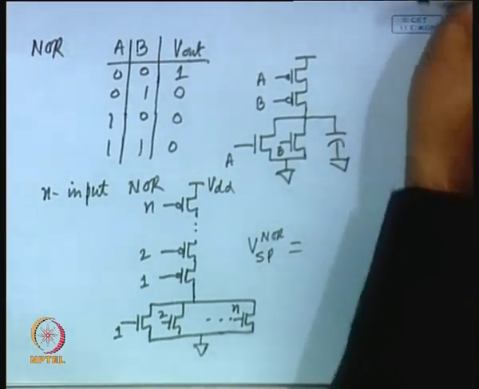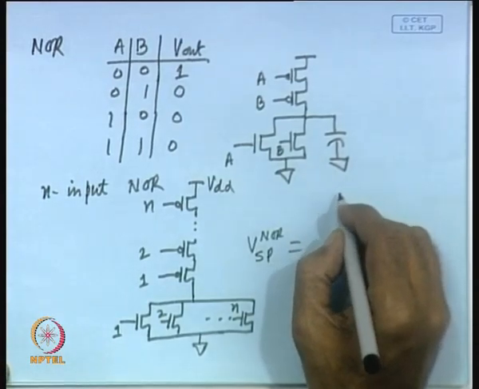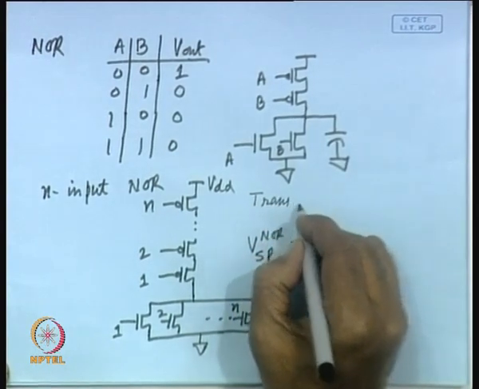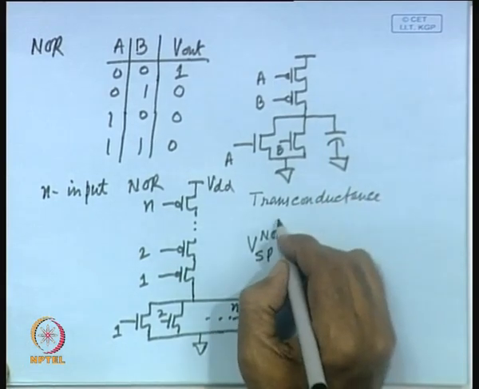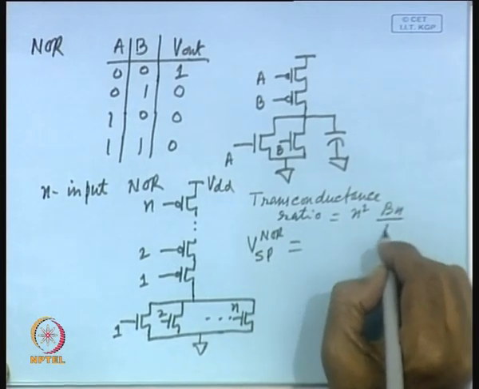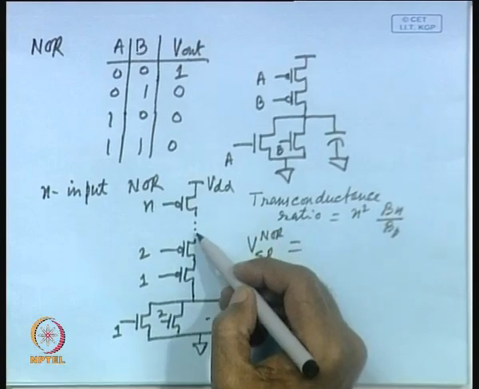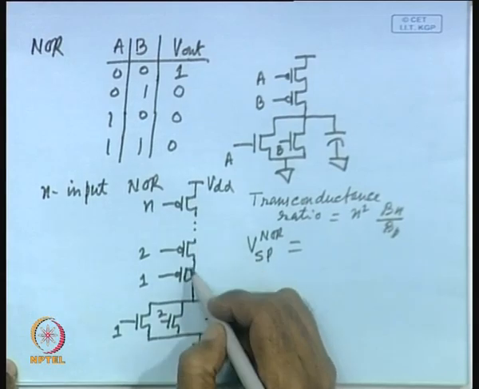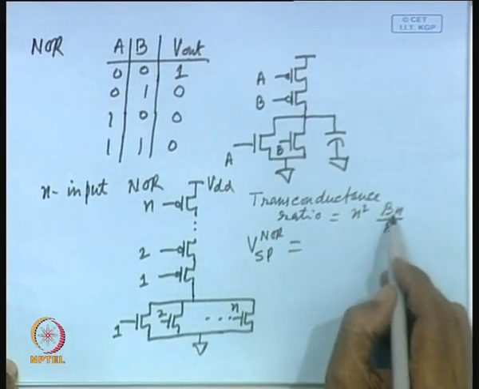In this particular case, we find that the transconductance ratio beta n by beta p is equal to n square beta n by beta p, because in this particular case, as if n PMOS transistors are in series, that means their length will increase for the PMOS transistor and the width of the NMOS transistor will increase, and that is the reason why it is n square beta n by beta p.